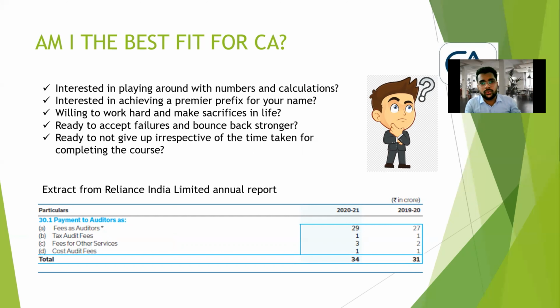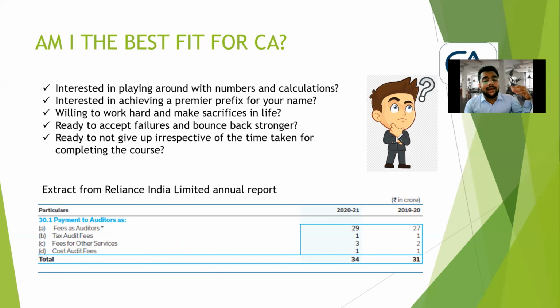Every other course, if you take up a degree, it's 3 years or 4 years, or if you take up engineering or doctor, anything, it's a fixed number of years. But this is not like that. Until and unless you clear your exams, you're going to keep writing it. That's the reason I told you earlier that there are people who are 30 years, 40 years old who still write CA finals.